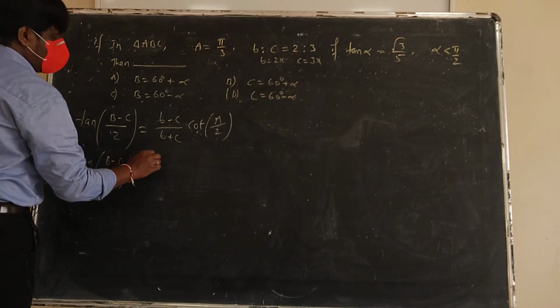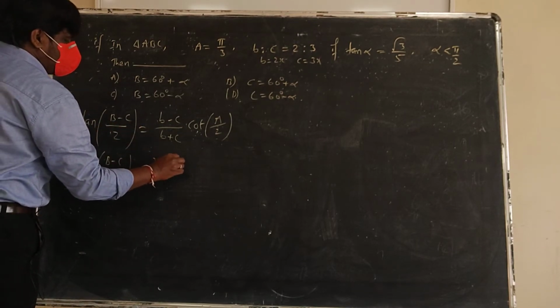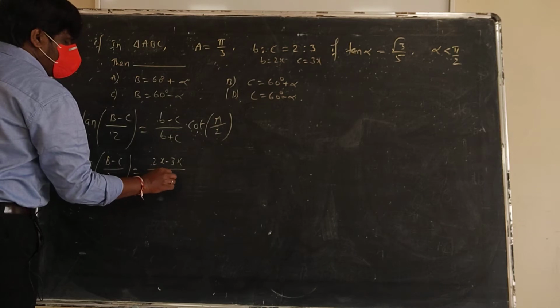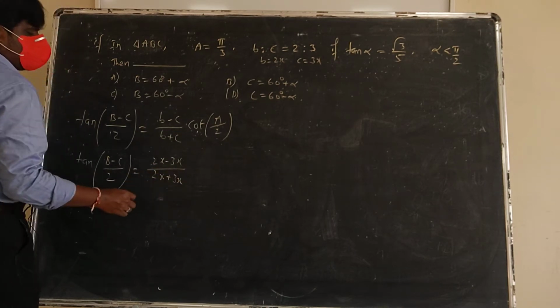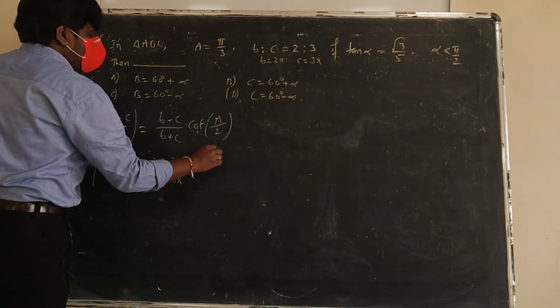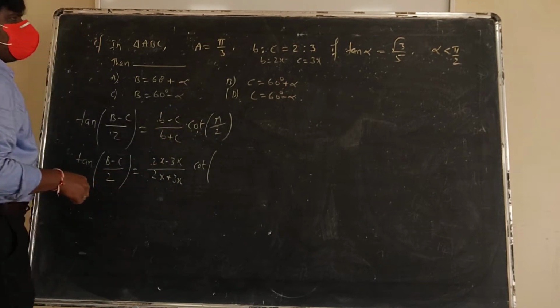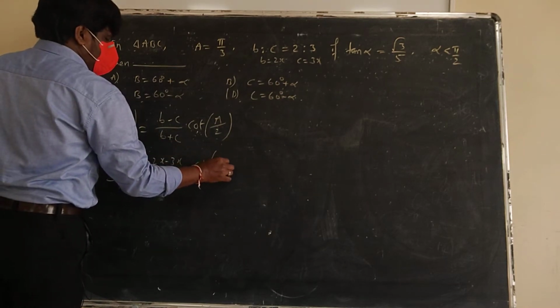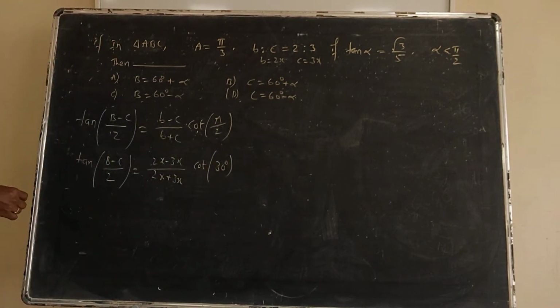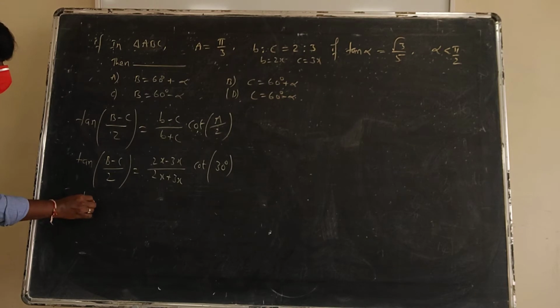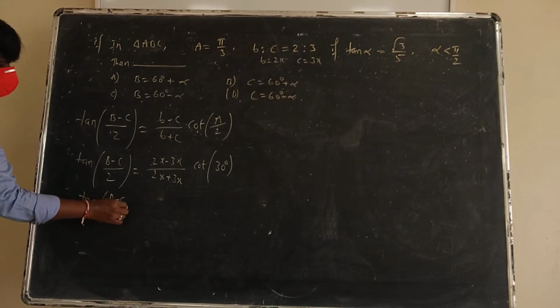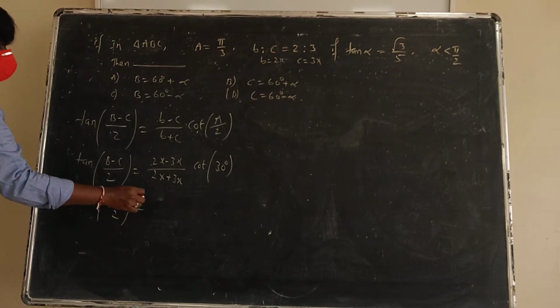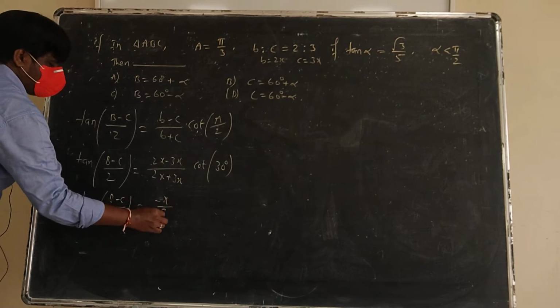So I can write (2x minus 3x) by (2x plus 3x) into cot A by 2. That is cot of pi by 3, which is 60 degrees. 60 by 2 is 30 degrees. So tan of (B minus C) by 2 is equal to minus x by 5x.